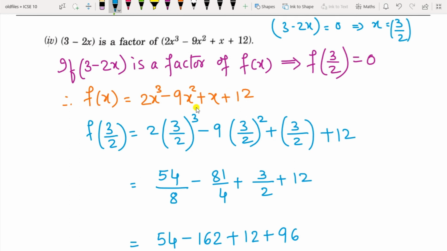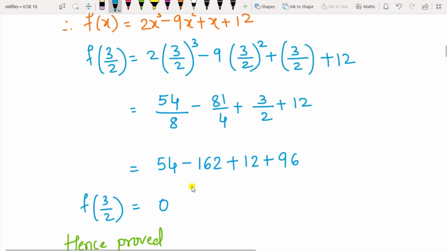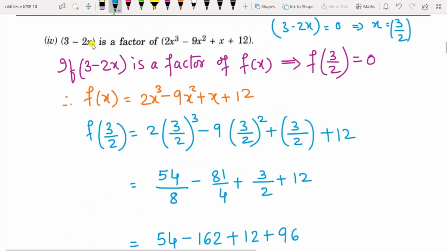This is the given polynomial, and substitute x as 3 by 2 here. If you solve this polynomial by substituting the value of x, you get f of 3 by 2 as 0, and hence proved that 3 minus 2x is a factor of the given polynomial.